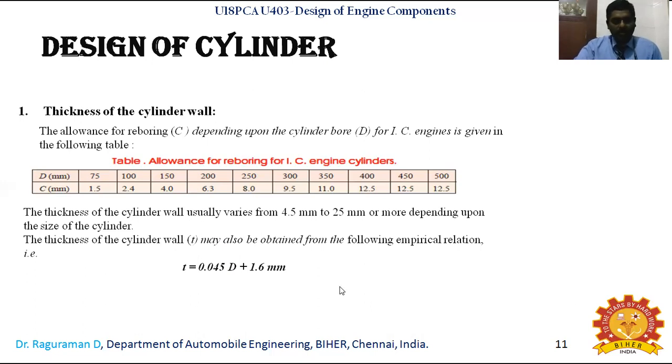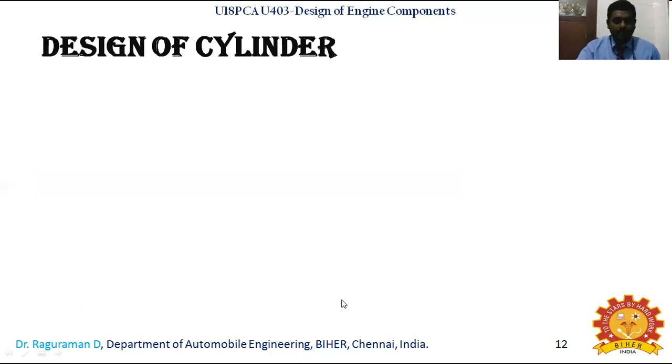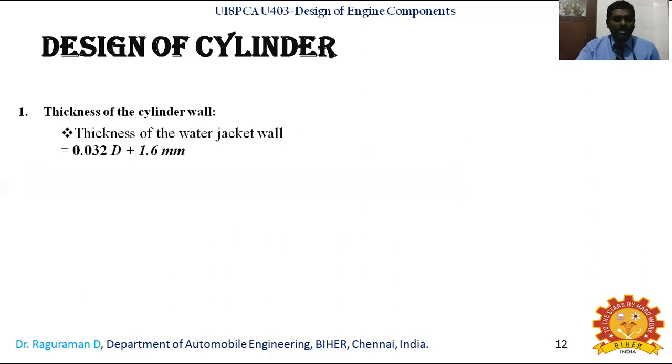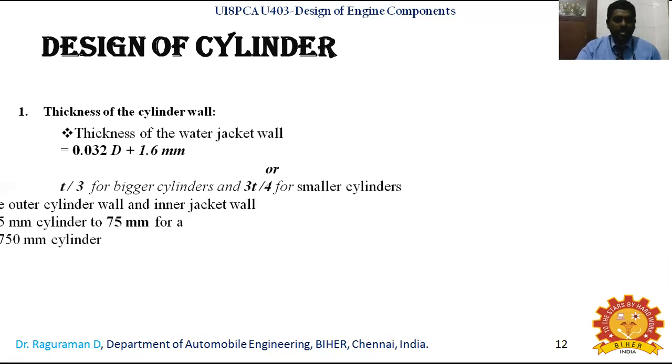The other empirical relation, for the case of a dry liner, is 0.03 D to 0.035 D. And the thickness of the water jacket wall is 0.03 D plus 1.6 mm. Otherwise it can be considered 1/3 of the thickness of the wall for a bigger cylinder, or 3/4 of the thickness of the wall for a smaller cylinder.